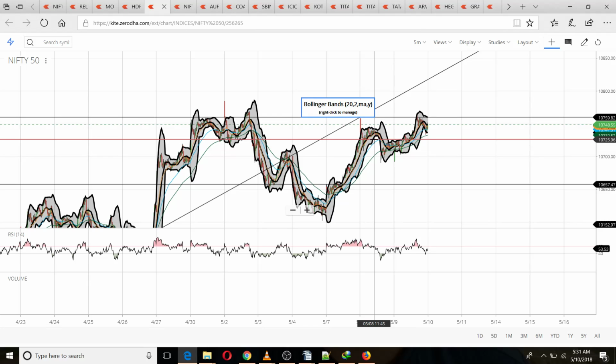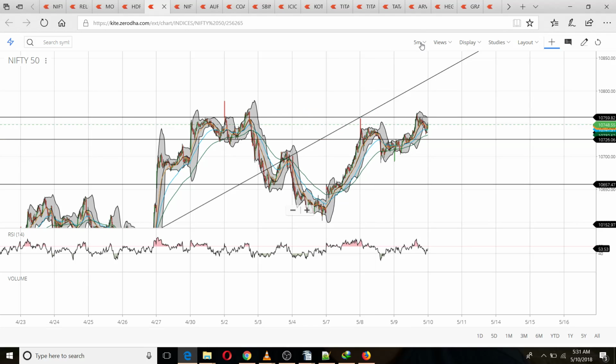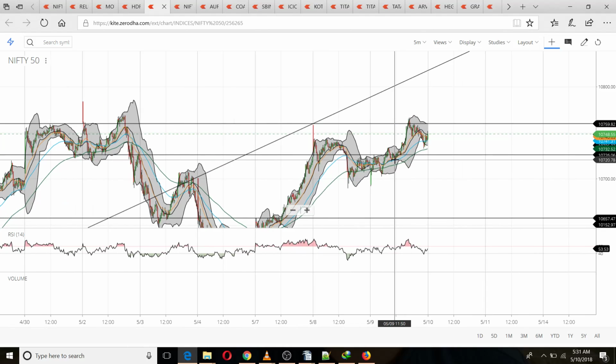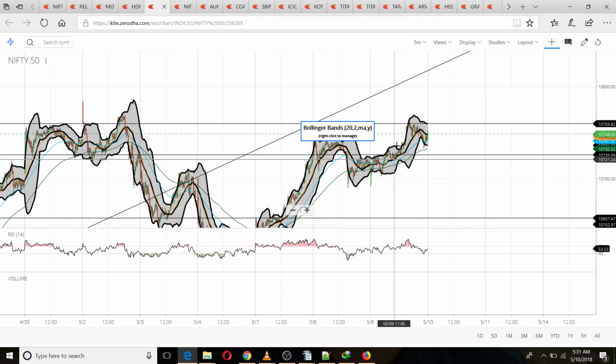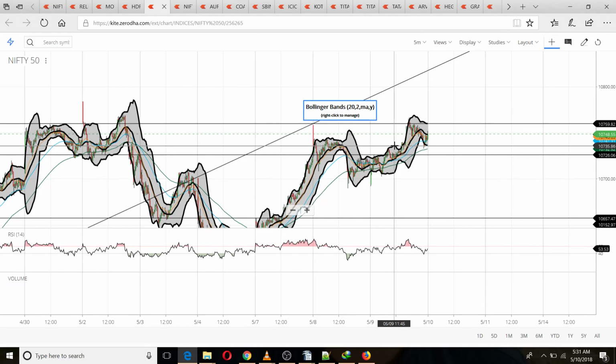Also, I had told that I'm looking for weakness. That's where I shorted this gap up, and yesterday I booked my profit. But I had also told that options data does not suggest any weakness.